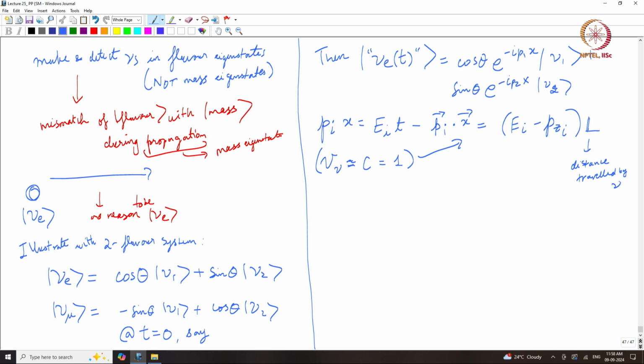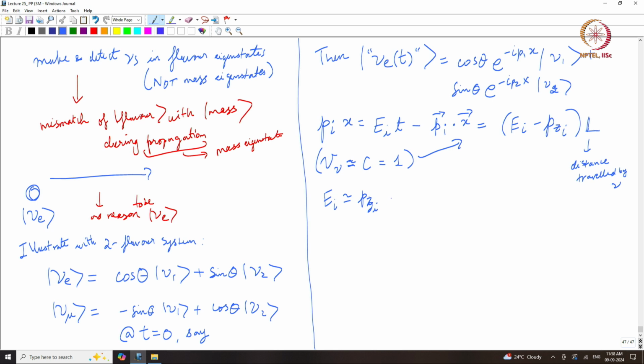All right. Now, what else can I do with this? So, this E_i, because again the neutrino is so light, it is almost like a photon. So, E_i is literally almost equal to p_i, in this case p_zi, right.